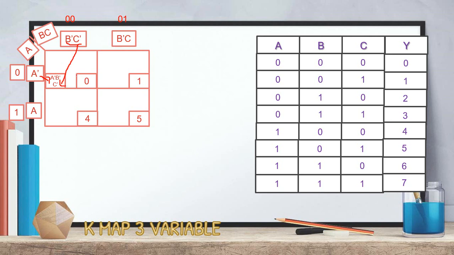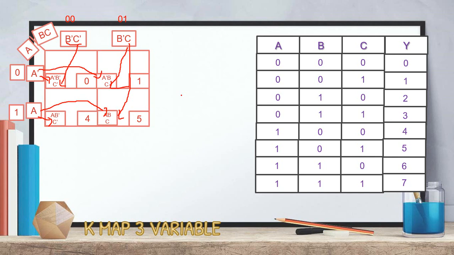Same way, the next condition is A with B bar C bar, because A is present and B bar C bar is as it is. In this portion it is A bar and B bar C as it is. Last condition, A here and BC as it is on this side. This is how we can write in equation form also. This is how you represent the first 4 bits.